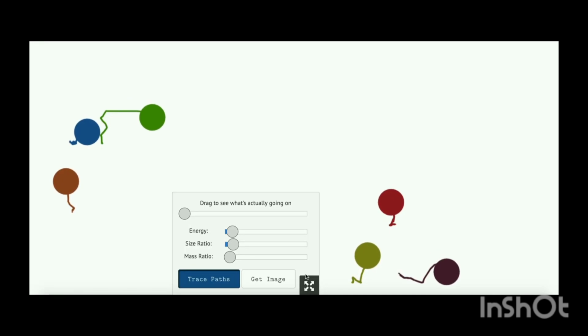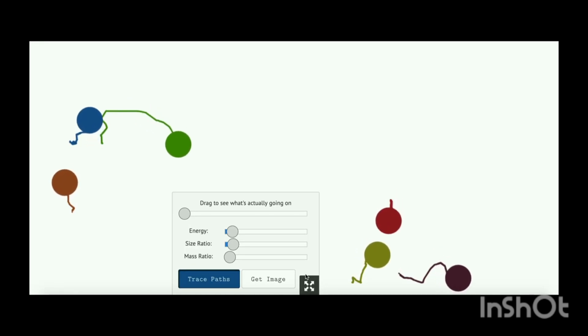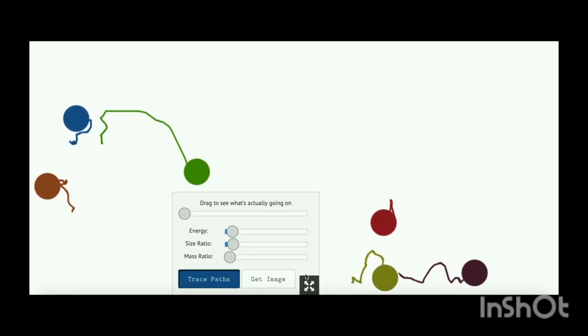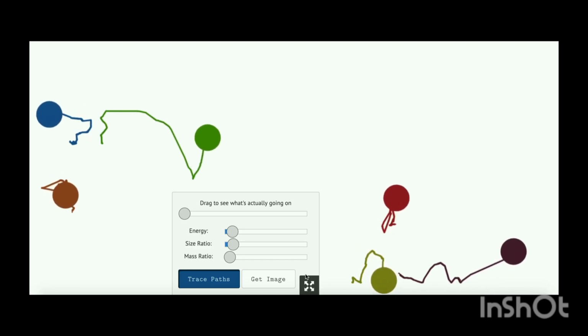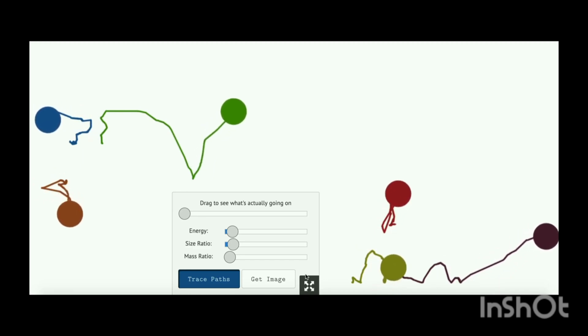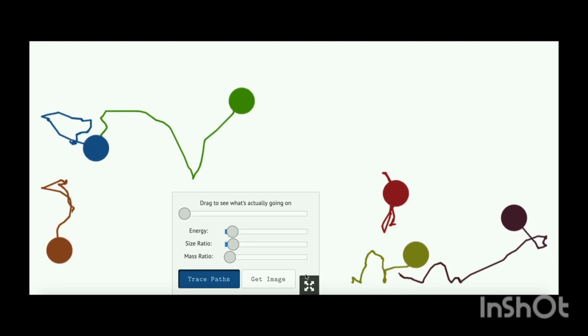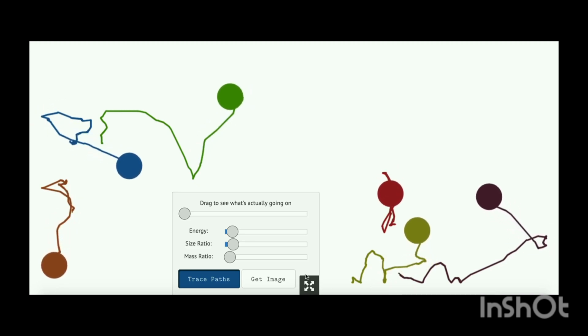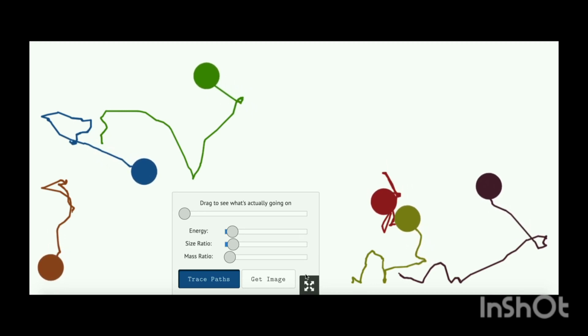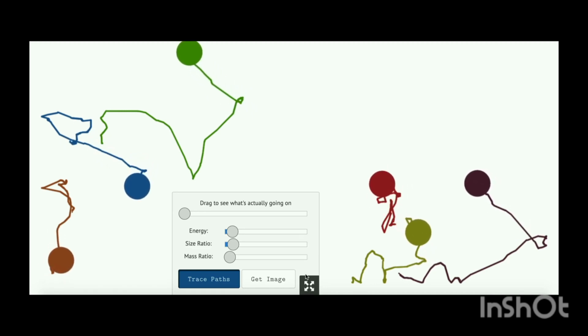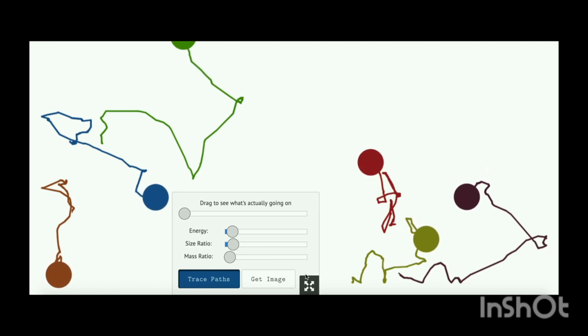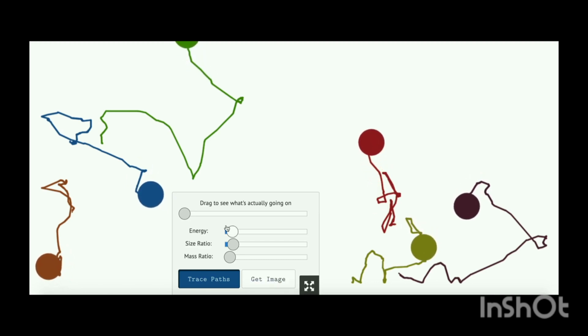Alright, so as I mentioned earlier, I used this animation in a previous video to discuss with you what Brownian motion is. But here I'm going to use it to demonstrate what happens when we increase the heat, or we could say increase the temperature, and its effect on diffusion rate of particles. As you can see, I've got 6 large particles here, and they are diffusing at a pretty slow rate throughout this medium.